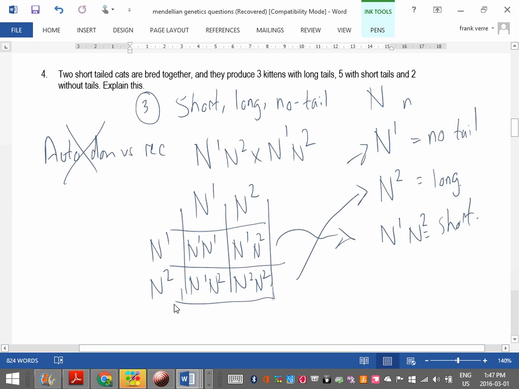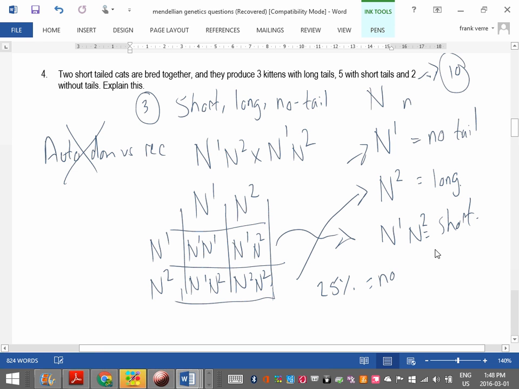So how do you get the numbers? Okay, so this is a good question, because how many kittens do you have here? 10. Now remember, this is just a prediction. What this says is that from these two parents, 25% will be what?